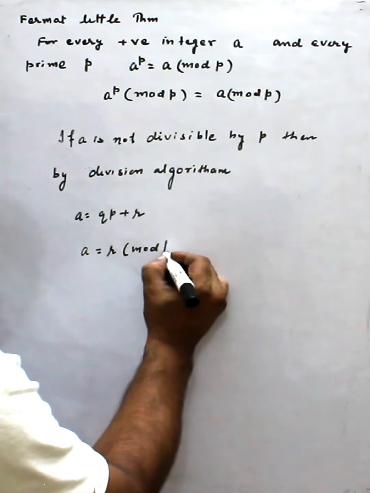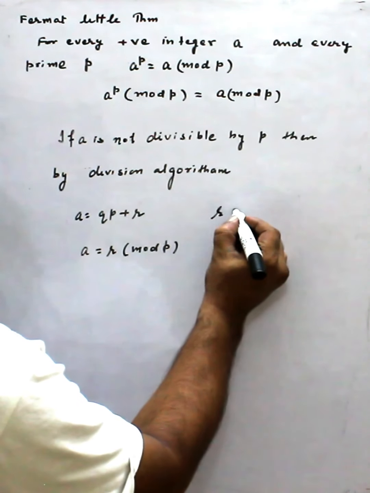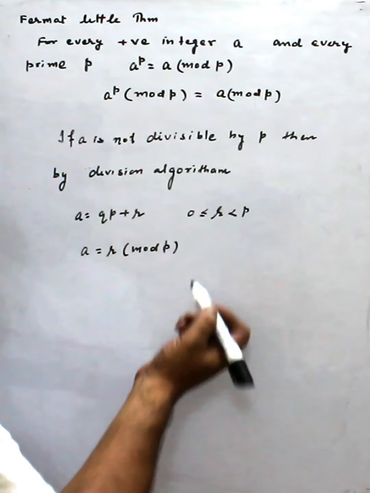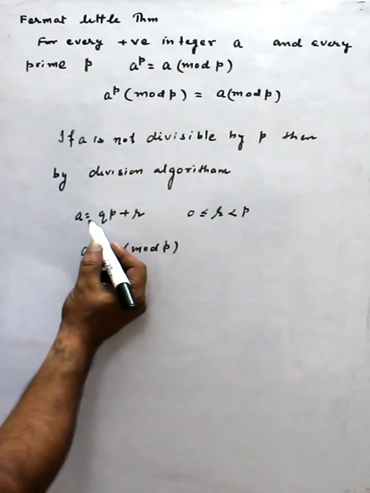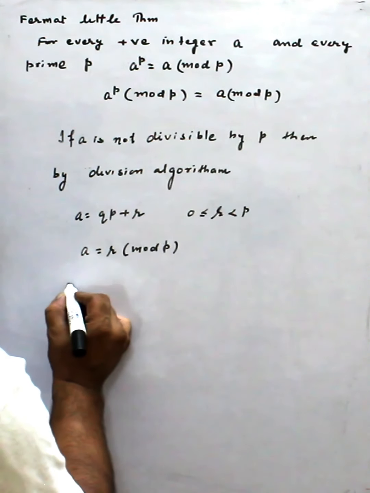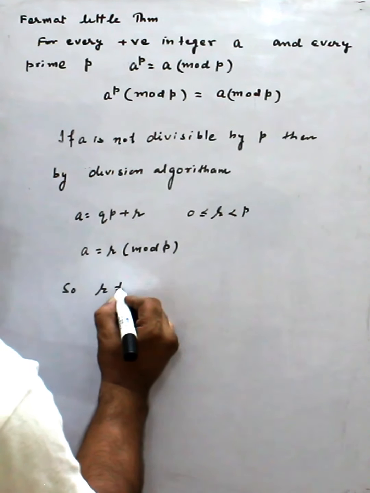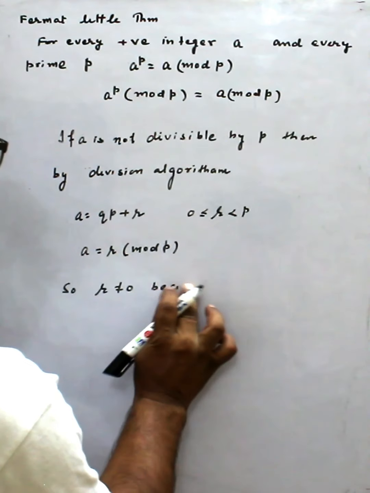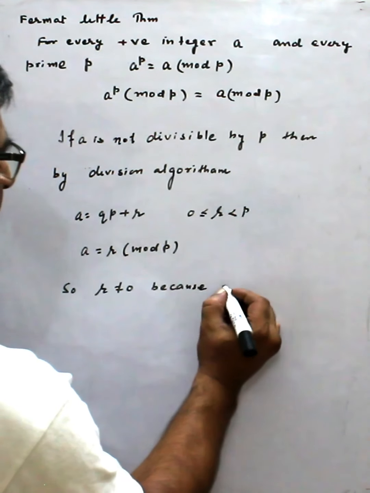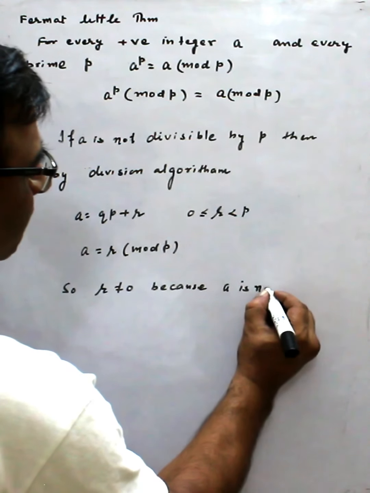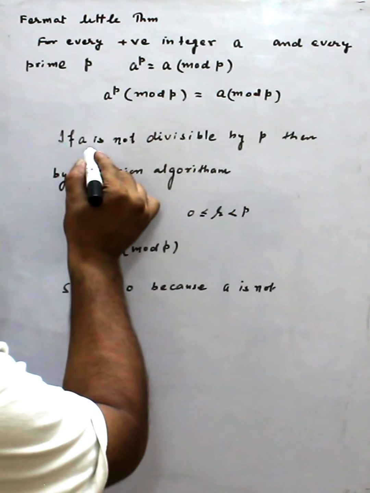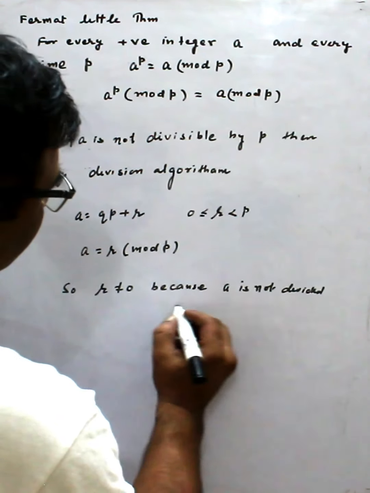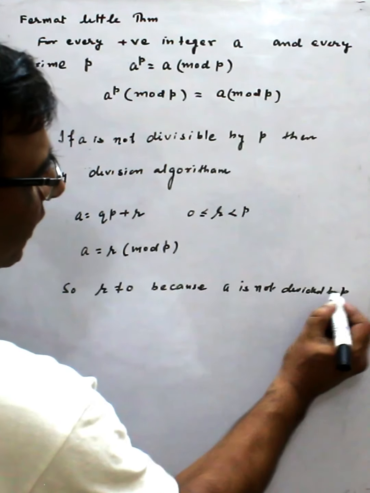This is mod p, and r lies between 0 and p, but r cannot be 0 because a is not divided by p.